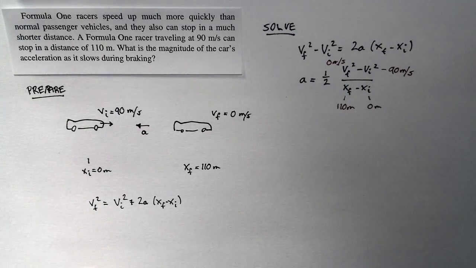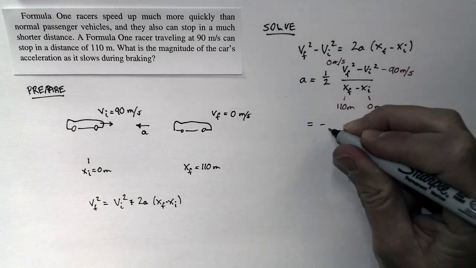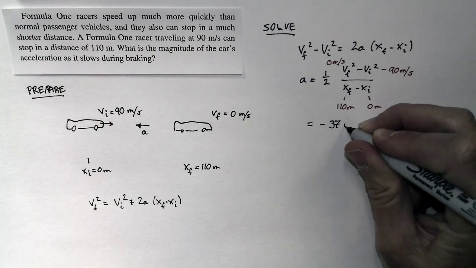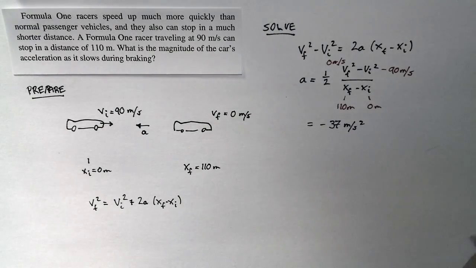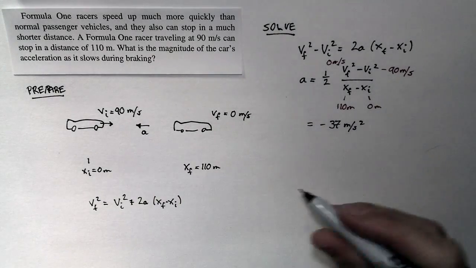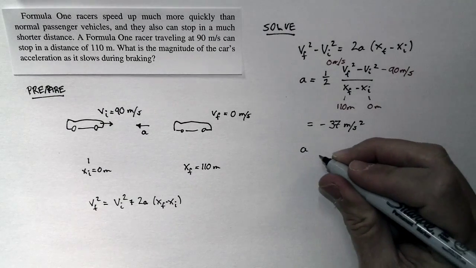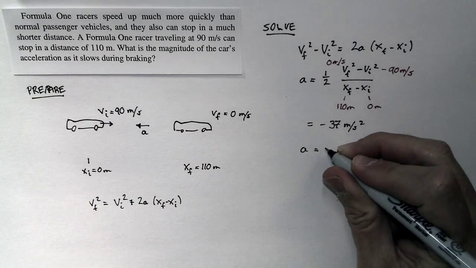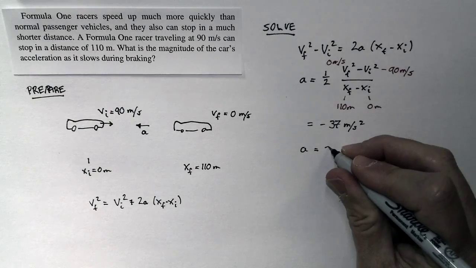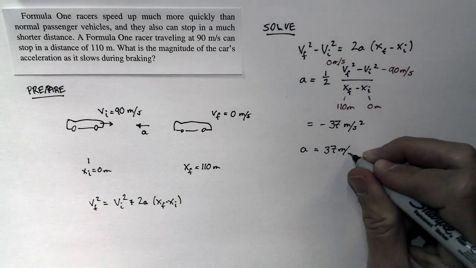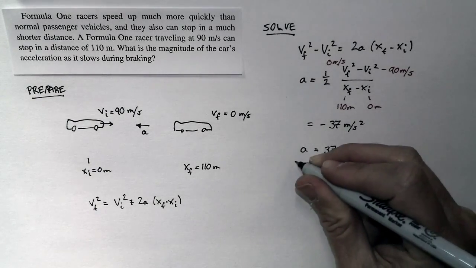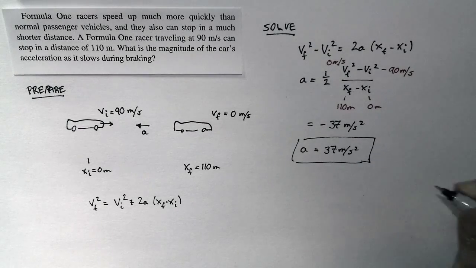It's just a simple matter of computing. And if we do that, we come up with an acceleration of negative 37 meters per second squared. But the question just asks for the magnitude of the acceleration. The magnitude of the acceleration is just 37 meters per second squared. That's what we're looking for here.